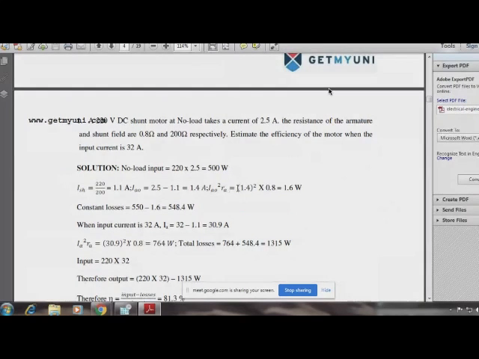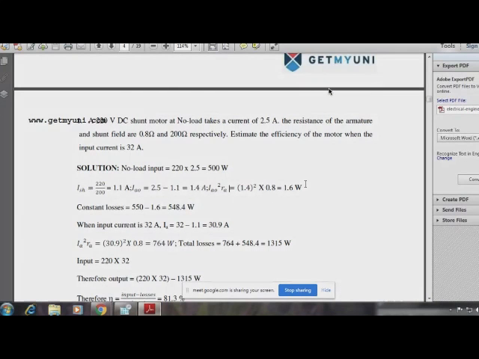Yes, sir. Then the armature copper loss is Ia0 squared Ra, 1.4 squared into 0.8, where 0.8 is the armature resistance, which is 1.6 watt. Therefore, the input power is 550 watt.